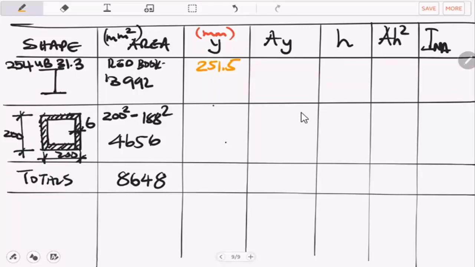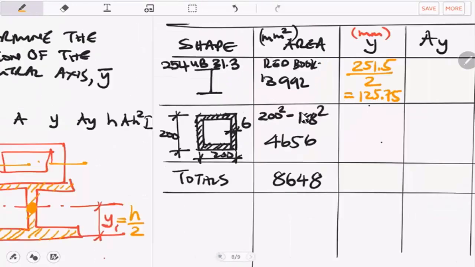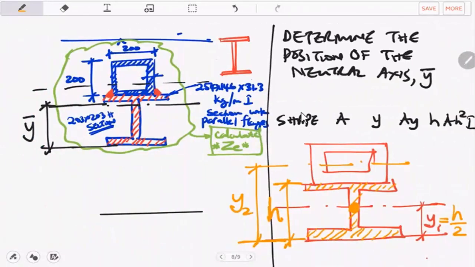Yes, the height, sir. It is 251.5, but we are dividing this by 2. So what does it give us? It's 125.75 millimeters. So that's the distance from the base to the centroid of this section. It's much easier.